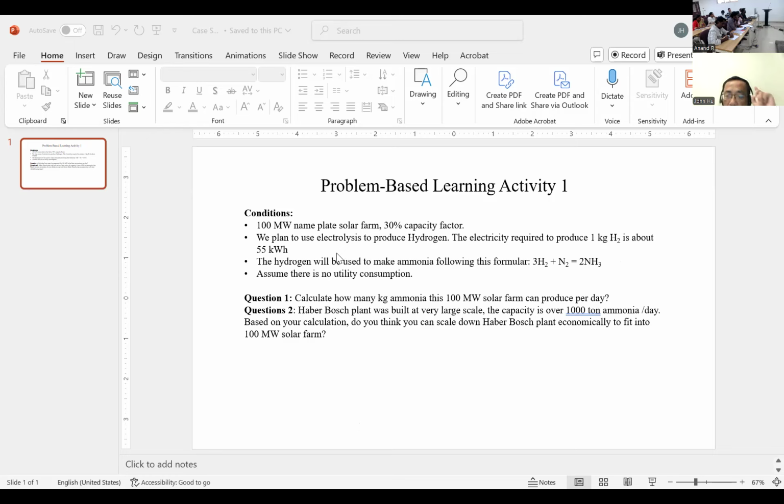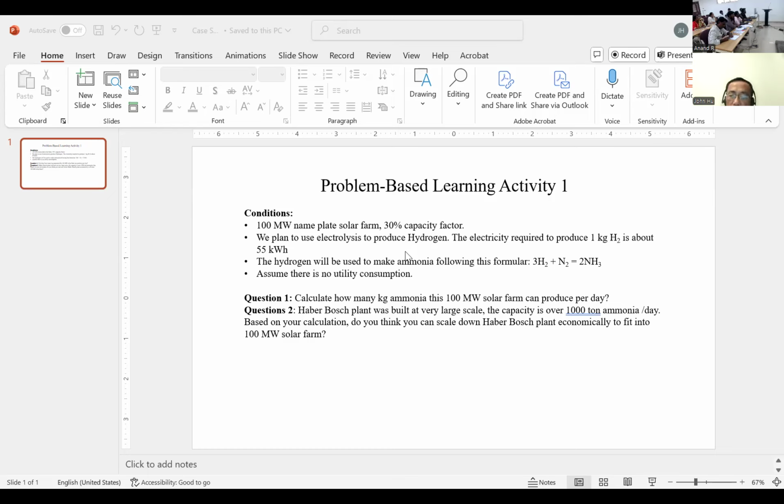Kilowatt hour is an energy unit. Megawatt is a power unit. So you have to turn megawatts into megawatt hours or kilowatt hours in order to calculate hydrogen. I'm sure you understand. So you need 55 kilowatt hours to produce 1 kg of hydrogen.